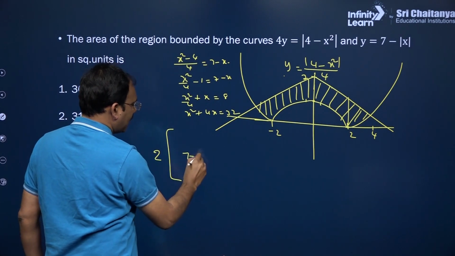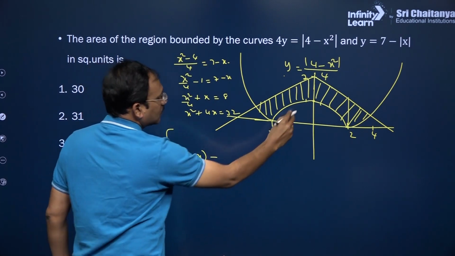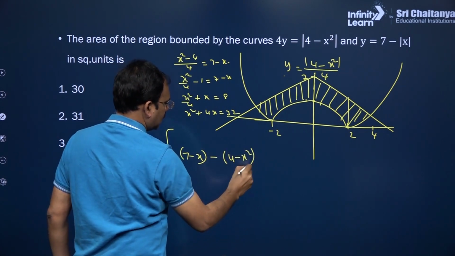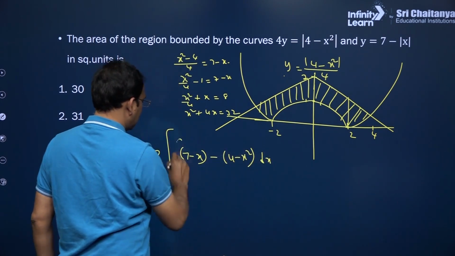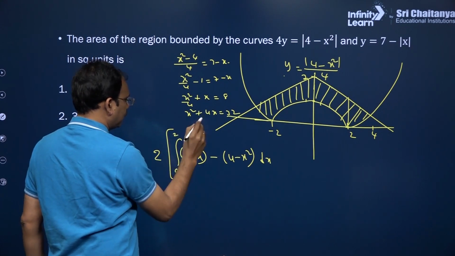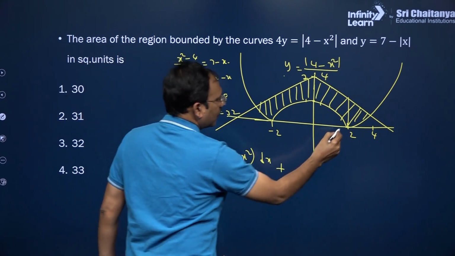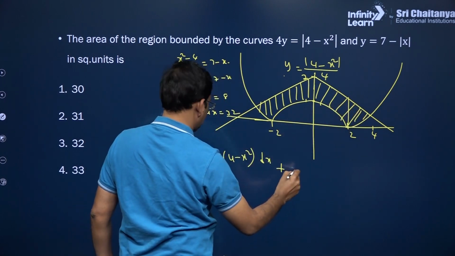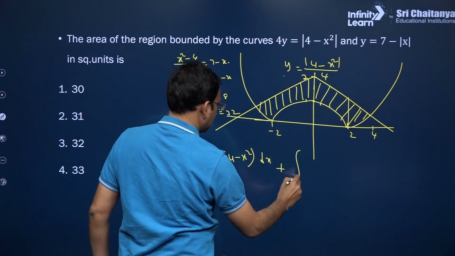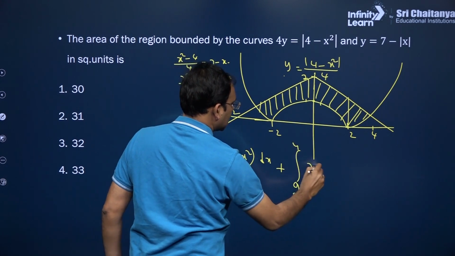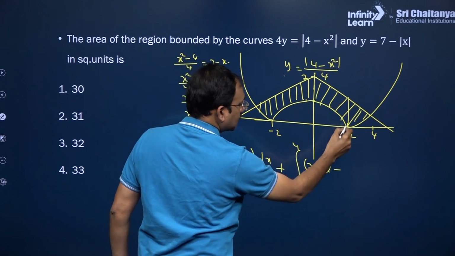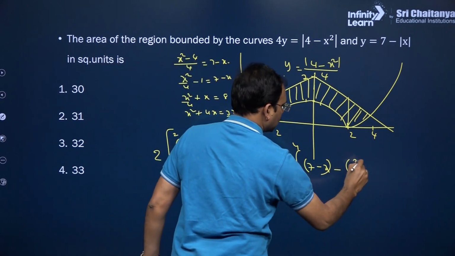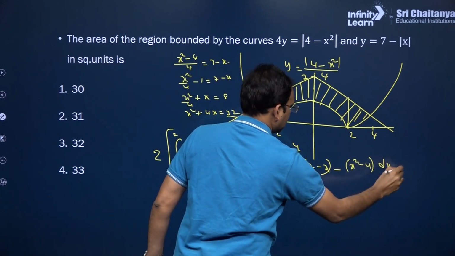Upper curve is 7 minus x minus lower curve 4 minus x square, dx, integral 0 to 2, plus from 2 to 4 you can observe this is 7 minus x itself, integral 2 to 4 of 7 minus x, whereas this curve is going to be x square minus 4, x square minus 4 dx, my dear friends.